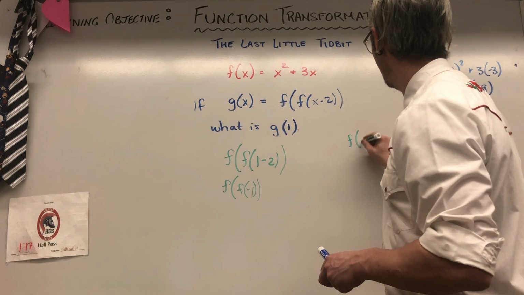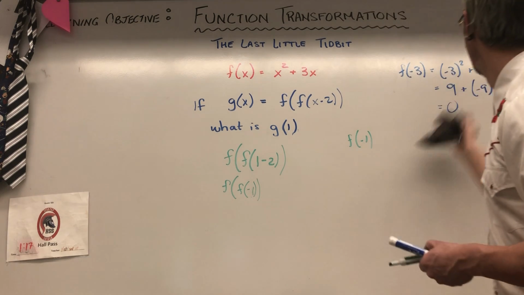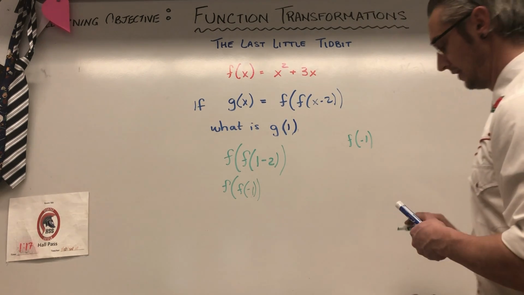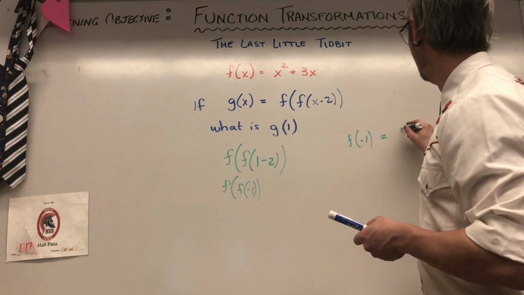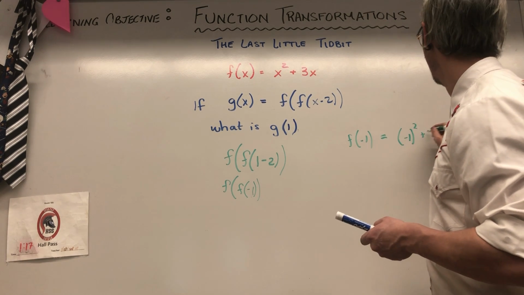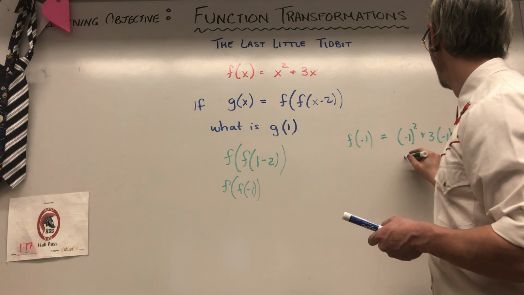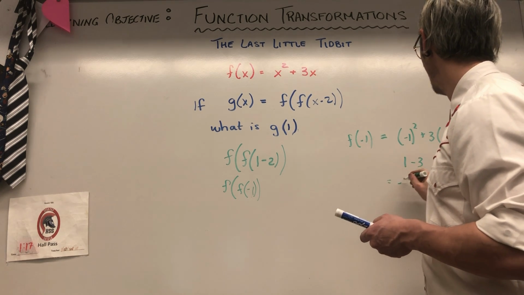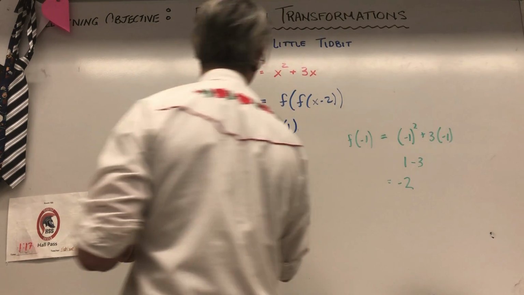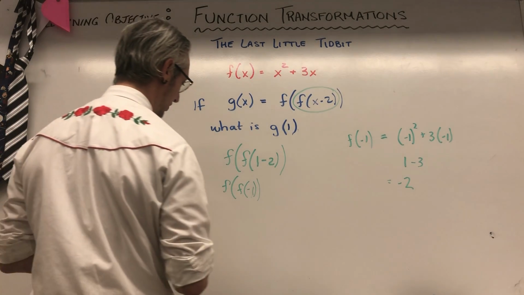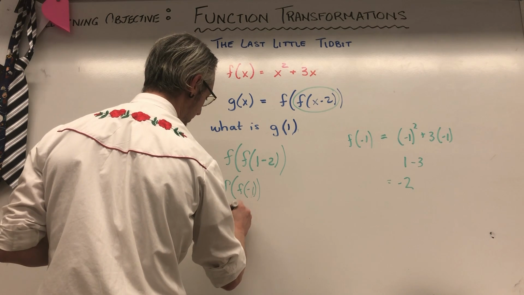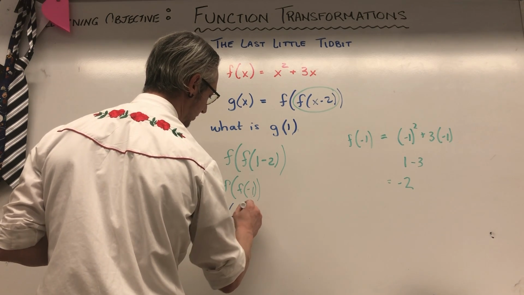And the function value at -1 is equal to -1 squared plus 3 times -1, or 1 minus 3, or -2. So now I can replace this whole thing with -2. And I'm going to do that here. I get function value of -2.